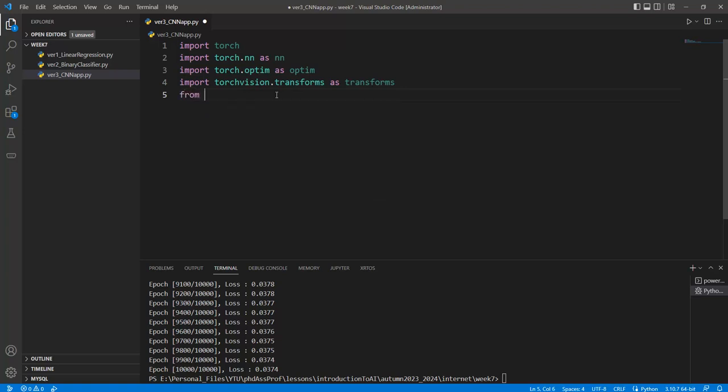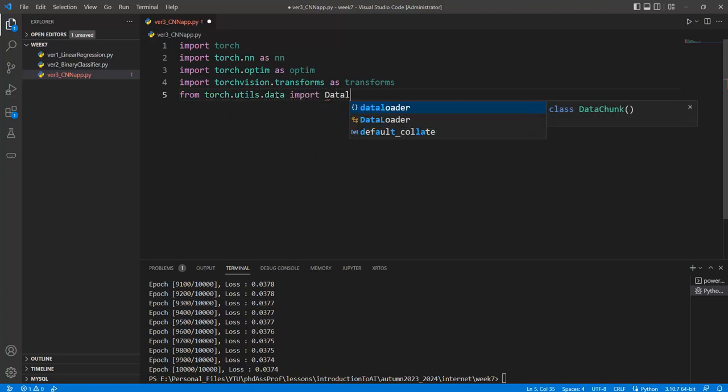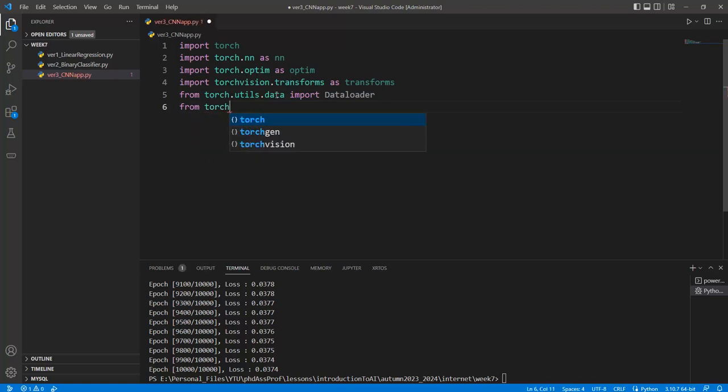And from torch.utils.data import DataLoader, because we need to download the whole data relating to the MNIST application in here, and also we need to give the torchvision datasets.